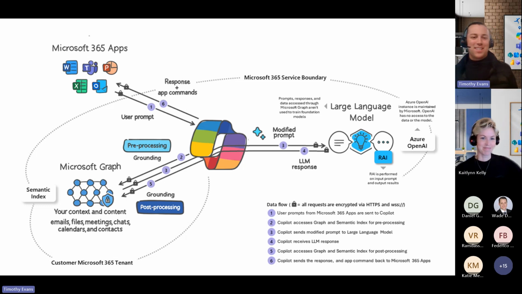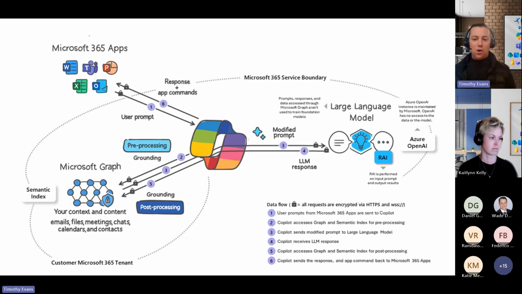But thinking about the infrastructure here, you can ask Copilot to create a file based on a project plan, and maybe that file lives in Teams, right? What it's going to do is send that to pre-process, or what we call grounding, which is Copilot looking through your data and going through the Microsoft graph here to give your prompt some context, content, and start generating or building an answer to your prompt.